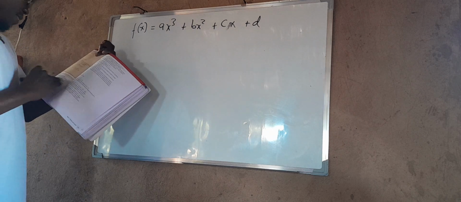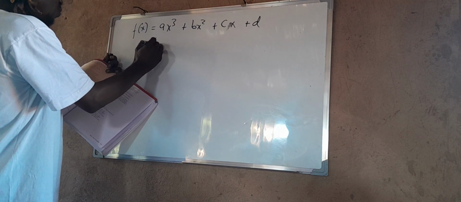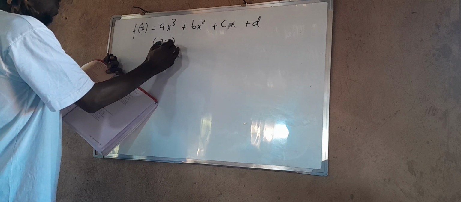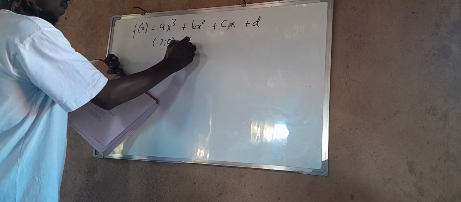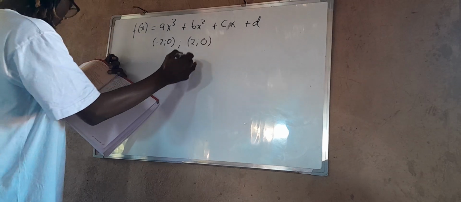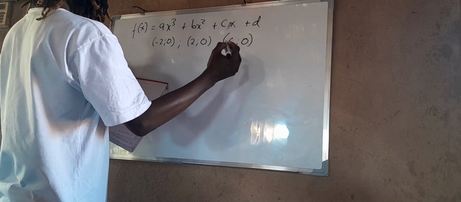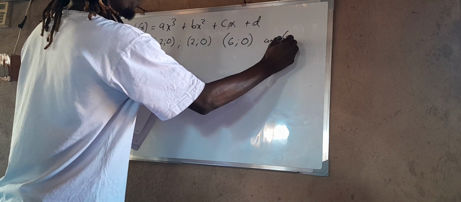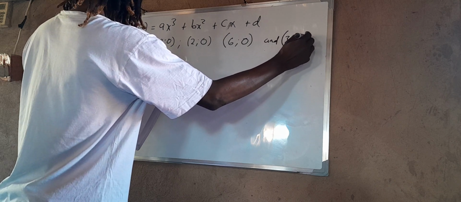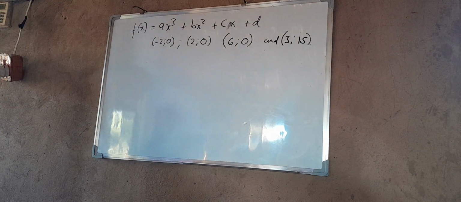And we are told that this function passes through these points: (-2, 0), (2, 0), (6, 0), and it also passes through this point. Then they say determine the values of what? a, b, c, d, right?